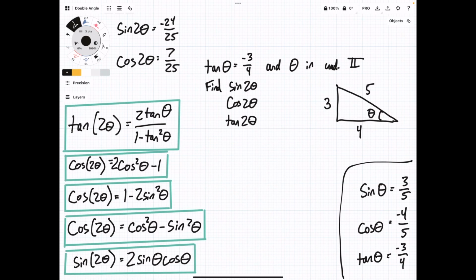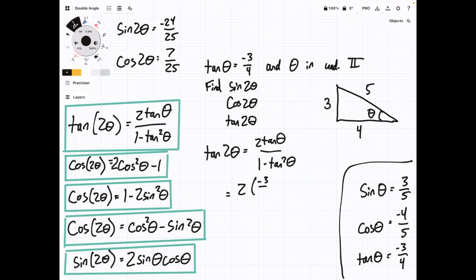And then finally, we're going to look at tangent of 2 theta. And we have our formula here. So that's going to be 2 tan theta over 1 minus tan squared theta. Plug in our values. 2 times negative 3 over 4 all over 1 minus negative 3 over 4 squared.